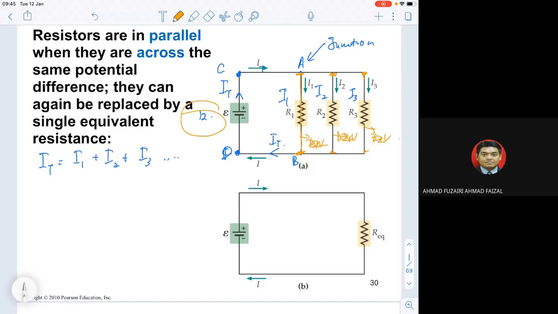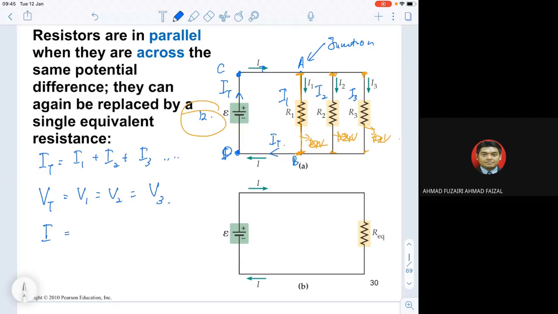In this case, V total will be equal to V1, equal to V2, equal to V3. Remember, I is equivalent to IT.